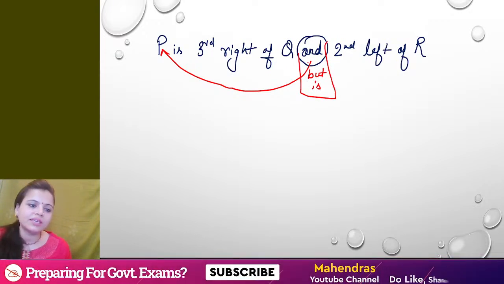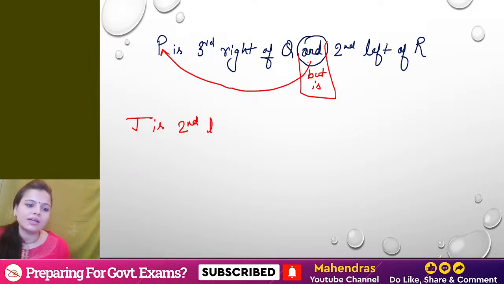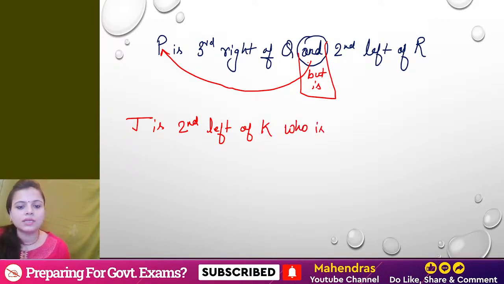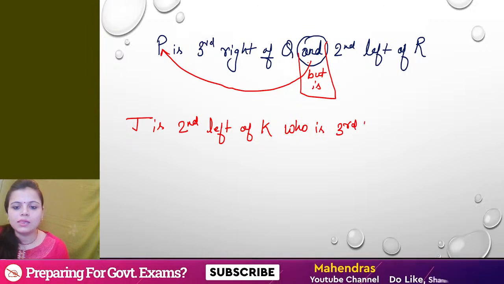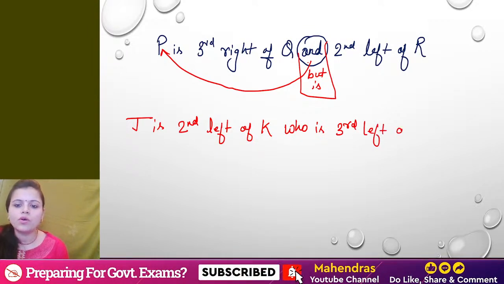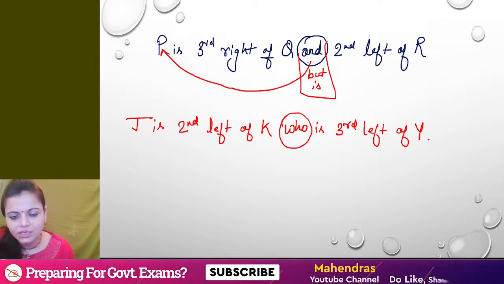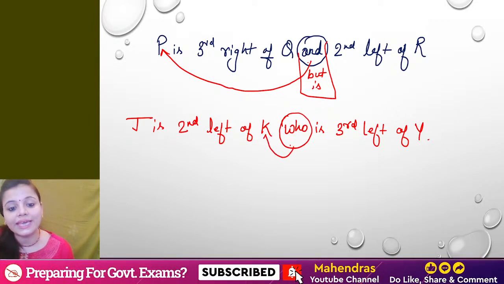If I'm saying J is second left of K, who is third left of Y, can you tell me this 'who' represents which person? This 'who' means the second person.